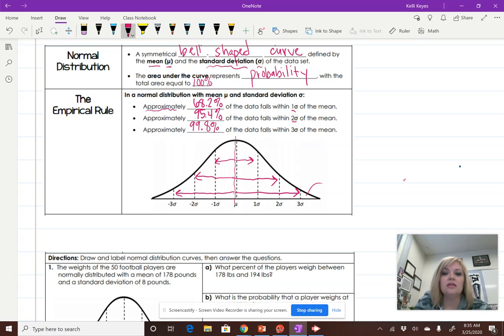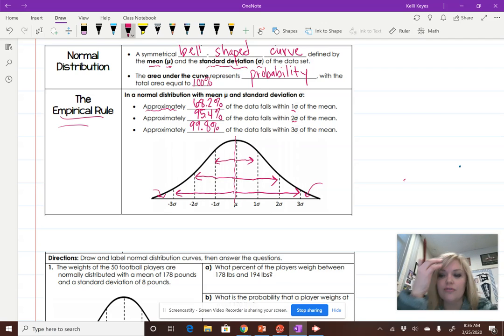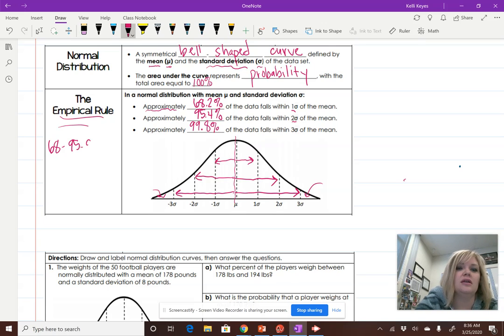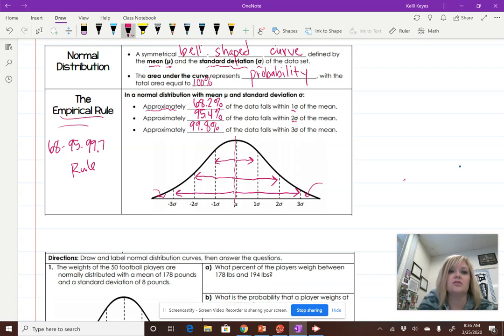So that's saving a little bit of space for these outliers that are just way above or way below the mean. So whenever I refer to the empirical rule, the shorthand version, we're just going to call it the 68, 95, 99. It's actually 99.7, but it rounds to 99.8. So the empirical rule or the 68, 95, 99.7 rule, okay?